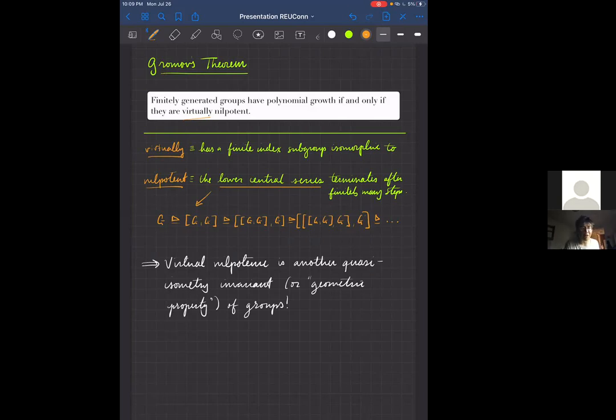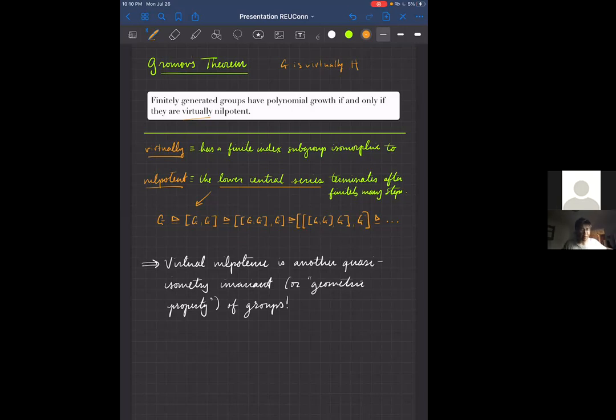So just some terminology. We say a group G is virtually another group H if G contains a finite index subgroup isomorphic to H. So such a group, in this case, has a finite index subgroup isomorphic to a nilpotent group. Okay, and nilpotent, if you're not aware, is sort of a generalization of abelian.